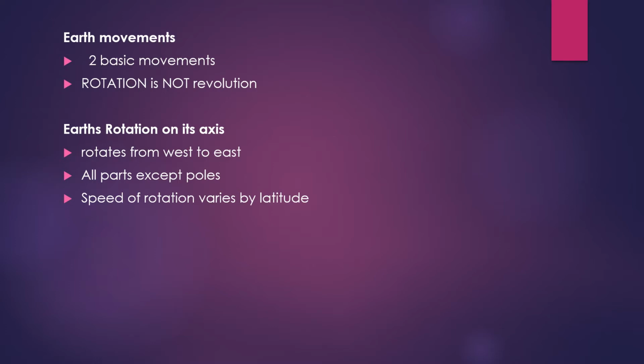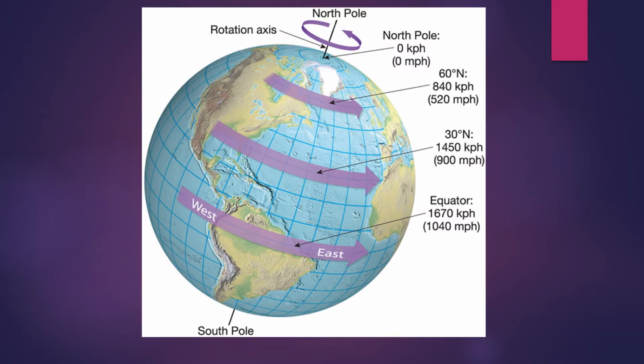There's a really cool animation in your module for you to watch. The poles rotate at 0 miles per hour, and the closer you get to the equator, the faster it rotates.